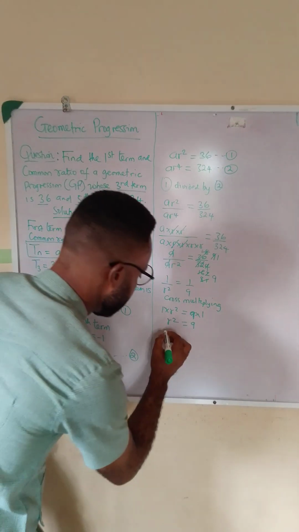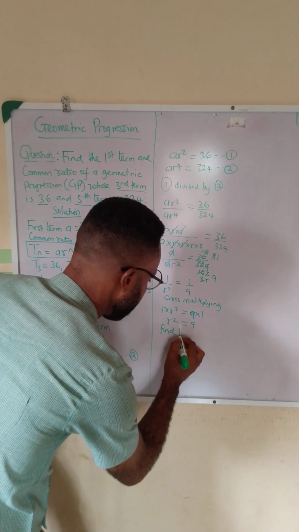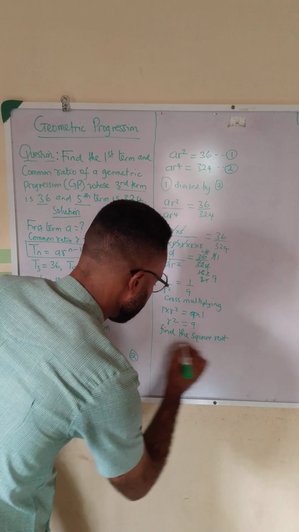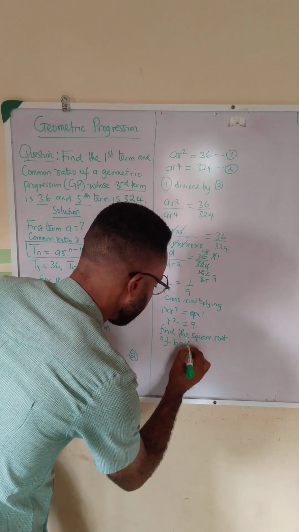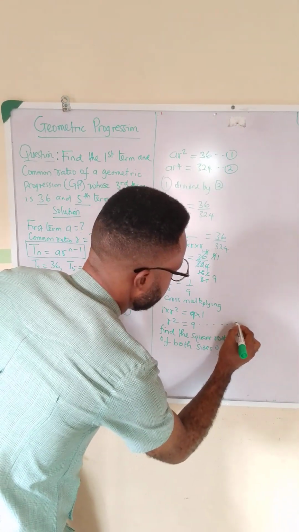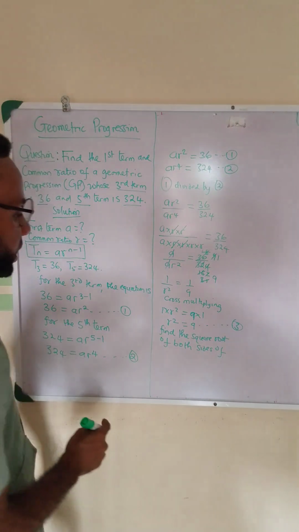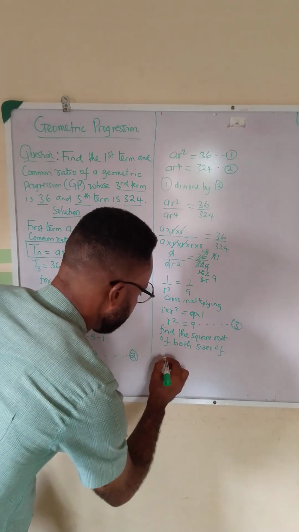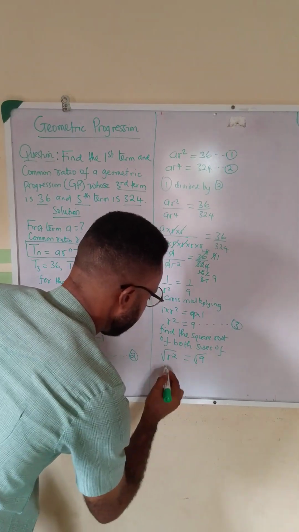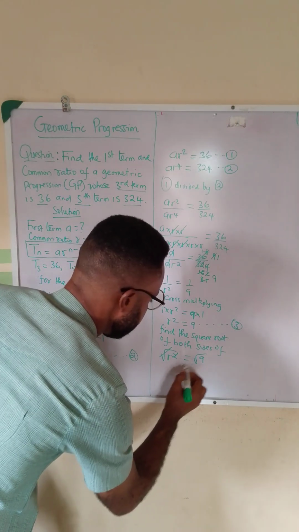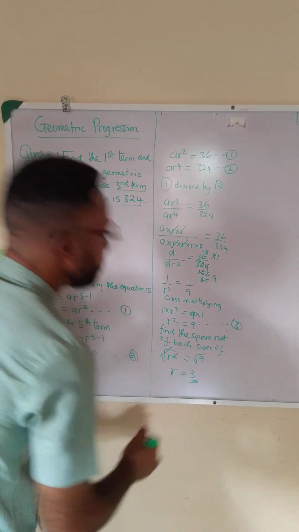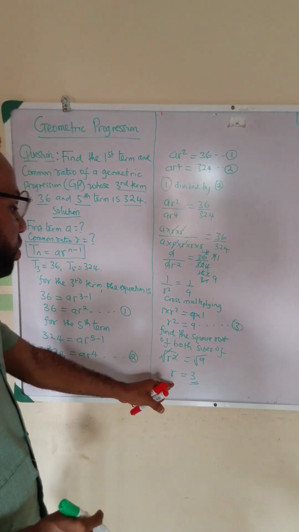Since we are looking for R, we find the square root of both sides of equation 3. So we have the square root of R squared equals the square root of 9. The square cancels the square root, so our R will be equal to the square root of 9, which is 3. So we've been able to determine that our common ratio is 3.